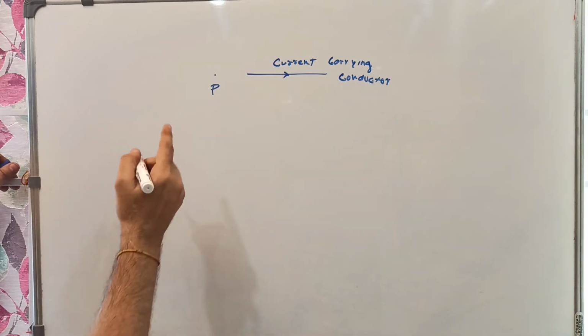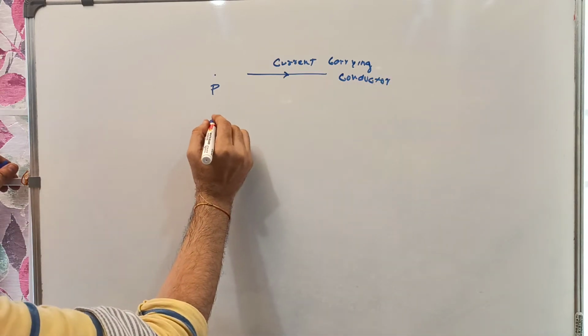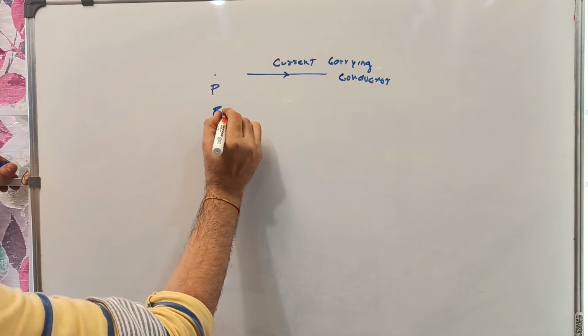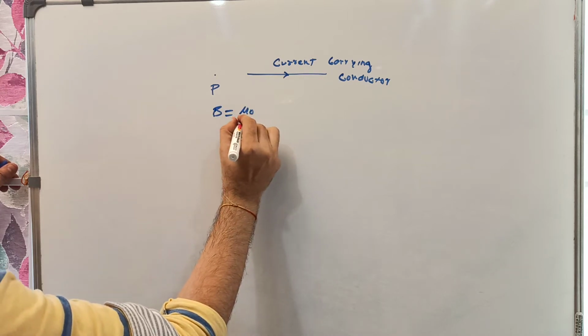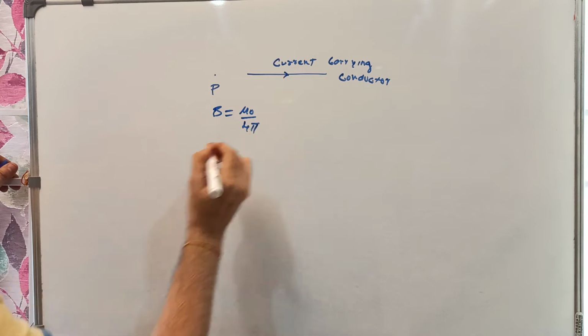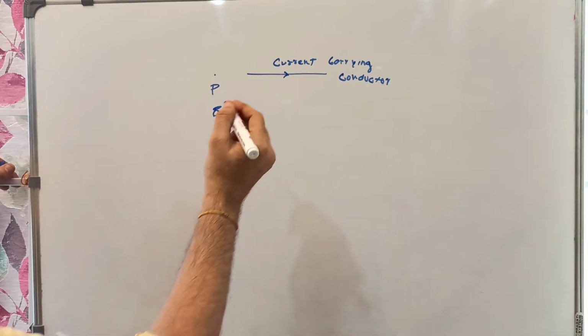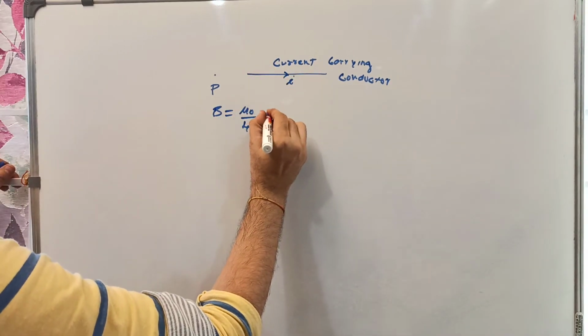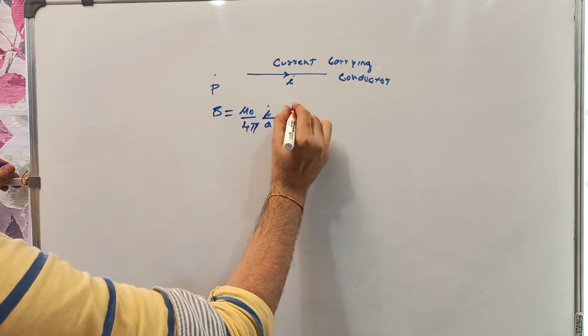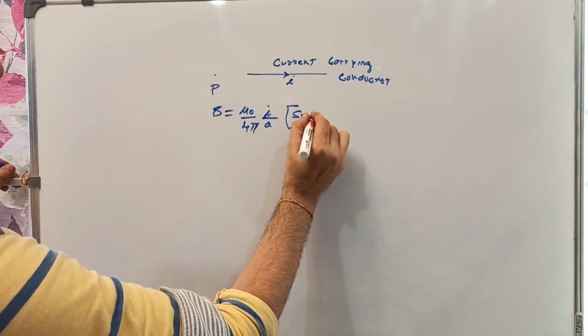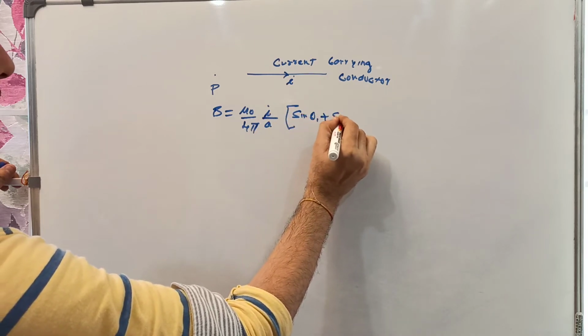Now we will directly go to the formula. You know it, right? The formula is B is equal to mu naught by 4 pi, I by a, into sine theta 1 plus sine theta 2.